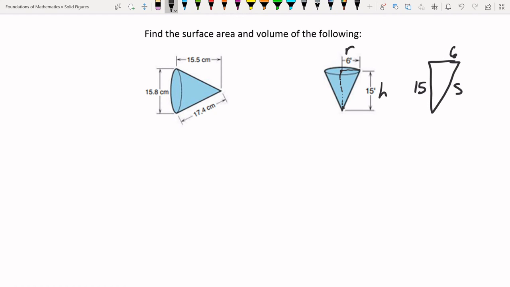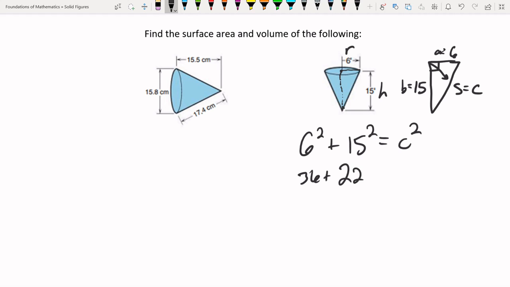To find the slant height, well, the slant height is going to be the hypotenuse. That means this side is A, that side is B, and the slant height is going to be C. So A squared plus B squared equals C squared. We get 36 plus 225, I think.